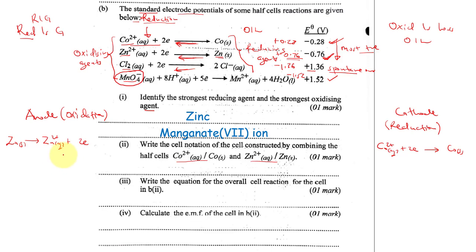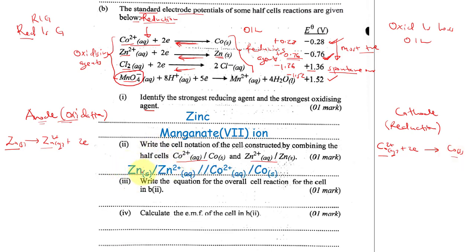So with this in mind, we can now come up with our cell notation. Remember, when writing the cell notation, there are some rules to follow. So we are going to start with the half cell that undergoes oxidation. So we are going to start with our anode. So we shall start with zinc, separate the phase from zinc 2 ions, then cobalt 2 ions, and then cobalt. So we shall have the following expression.